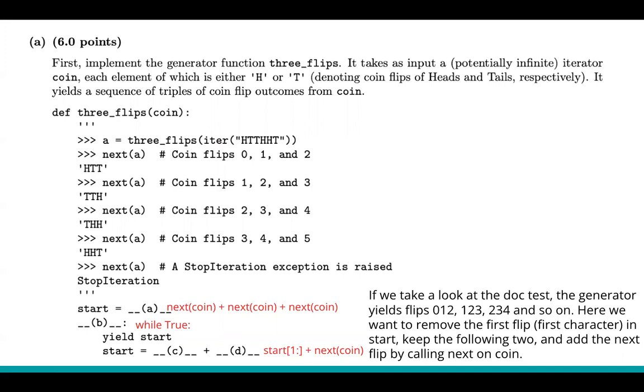That gets us everything from the second character onwards, and then we can add on next coin, which is going to be a character, and that'll give us an updated sequence of 3 flips, which is again what we want. So every time we call next on A, we're dropping the first flip and adding a new flip to the end. But yeah, any questions?